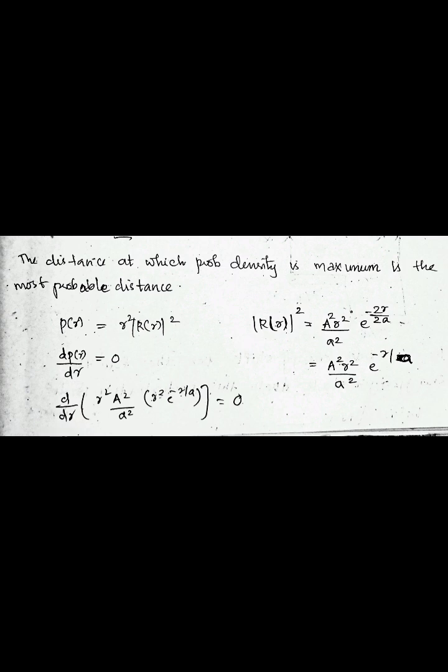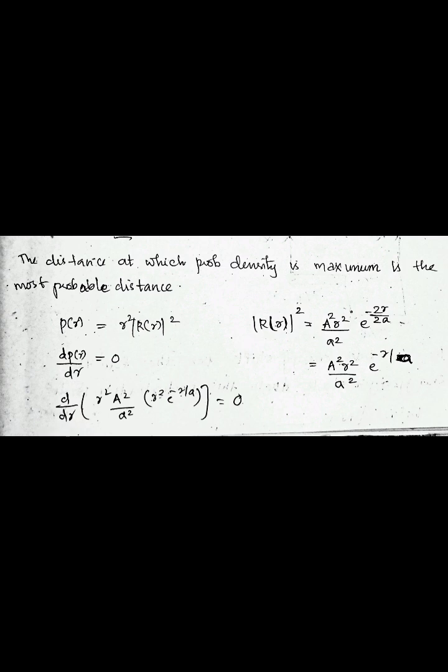So here probability P of r is equal to r square into R square. Here it is given that R is equal to A r by a into e raised to minus r by 2a. So R square is equal to A square r square by a square into e raised to minus 2r by 2a. So this is equal to A square r square by a square e raised to minus r by a.